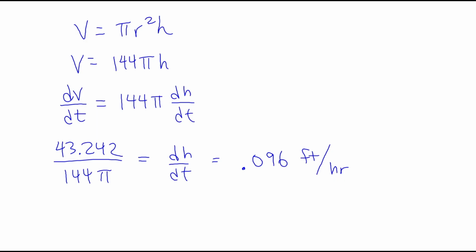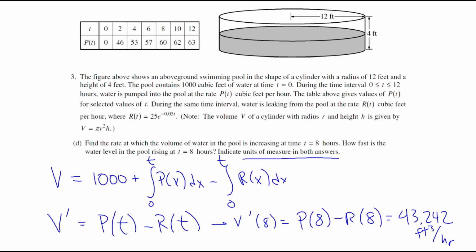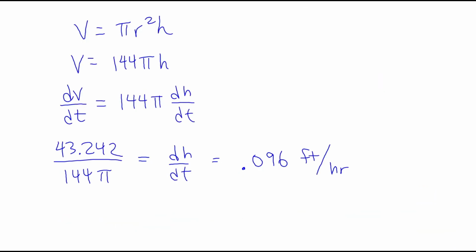And this was worth 4 points here. So they gave you 1 point for getting the 43.242. They gave you 1 point for taking the derivative of V equals 144 pi h.